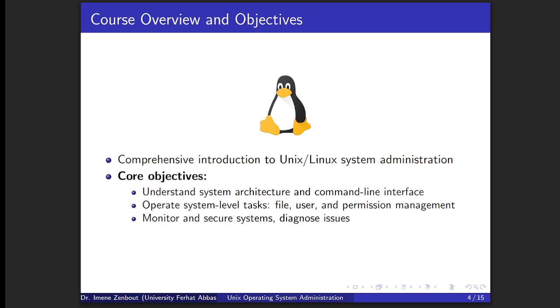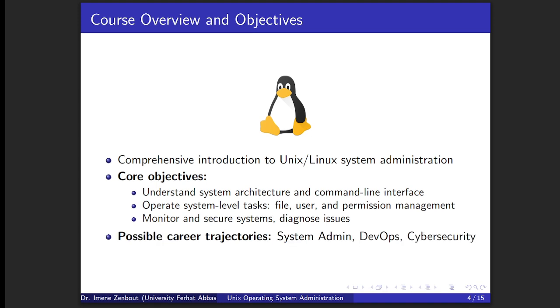We aim to monitor and secure systems and diagnose our operating systems. This course will help you as medical students in system administration, to work on DevOps for server manipulation, and also in cybersecurity.